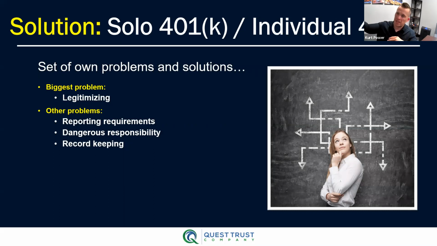Or does 10 years sound more likely? 10 years. We've seen as many as 15 years that somebody has had to pay taxes and penalties for each year that that transaction was taking place. In many cases, the penalties, the taxation, et cetera, can actually be more than what your total account value is.